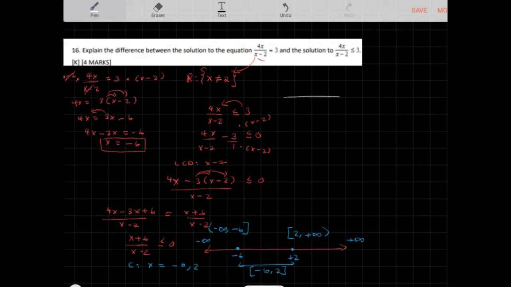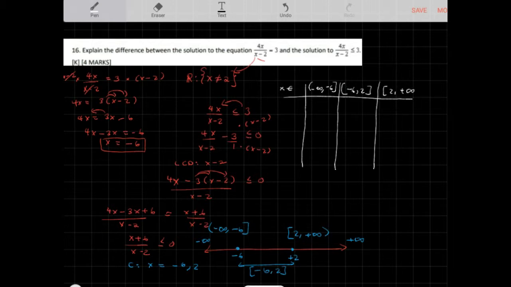If I create an interval table here, let's just make some space. I'm going to put my intervals on the top row here. x belongs to these intervals, so negative infinity and negative 6, negative 6 and 2, and positive 2 and positive infinity.